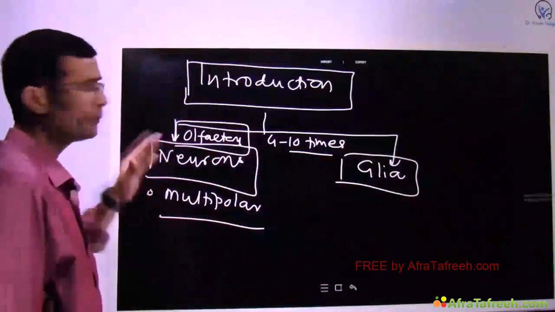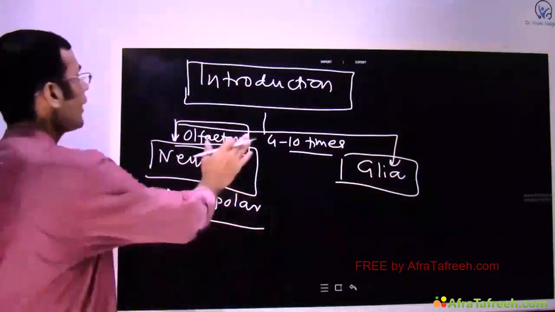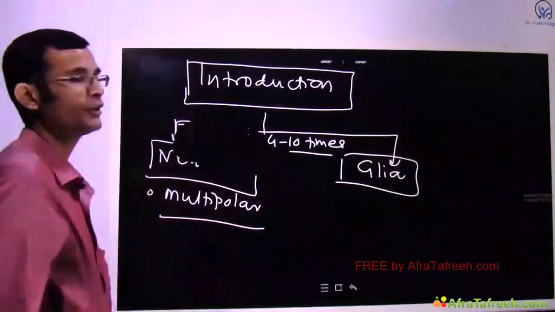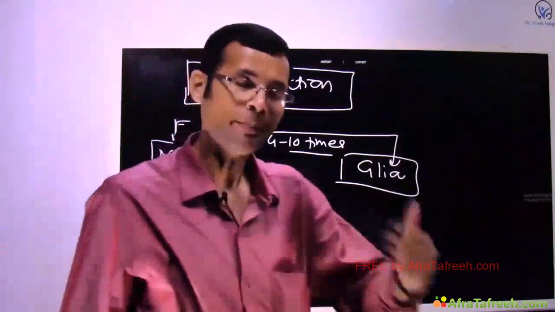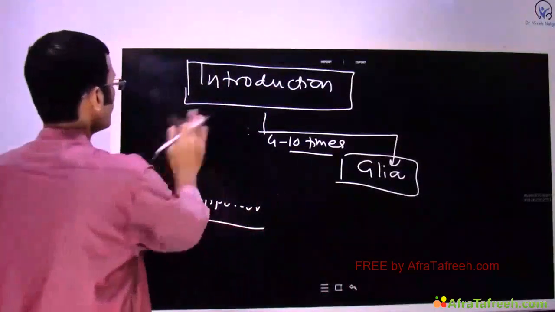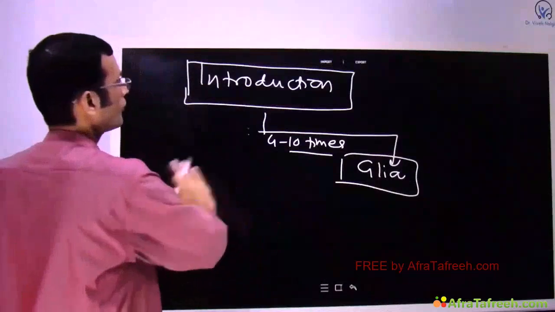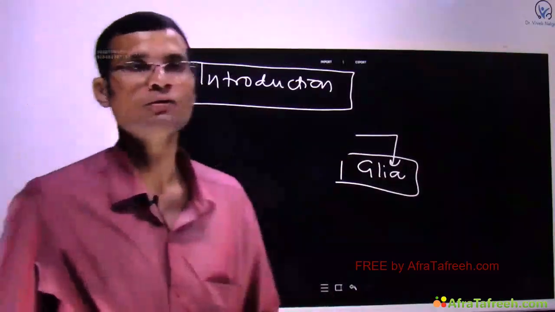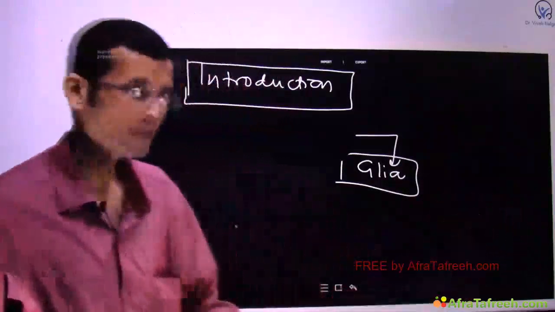So probably because of that reason, only the olfactory neuron has been given this special capability of dividing throughout life and making new neurons continuously. Otherwise, new neurons do not form after birth. That was about the neurons. We have discussed much of it in the section of the nerves.